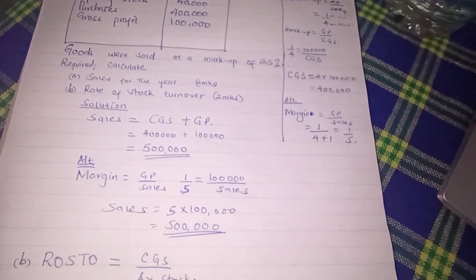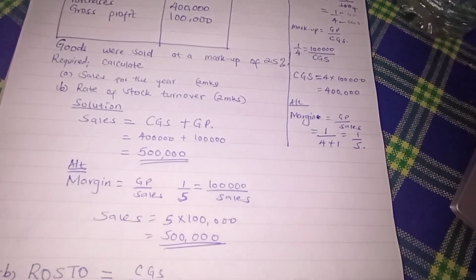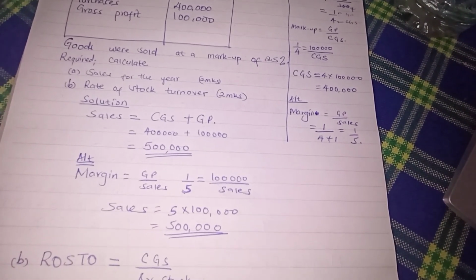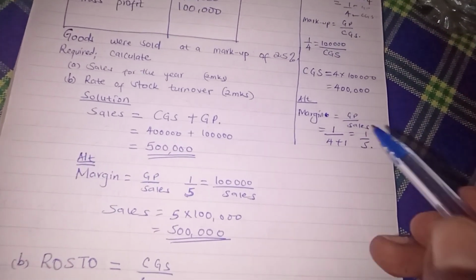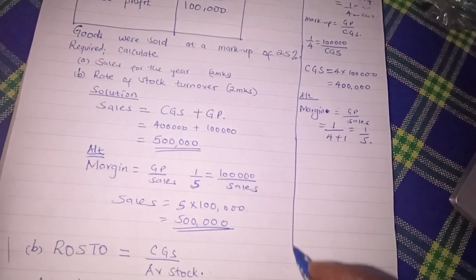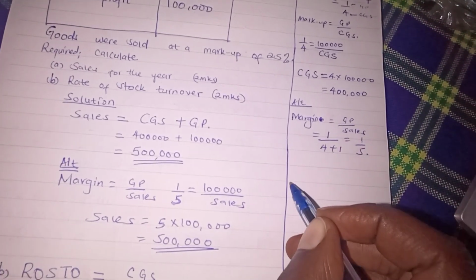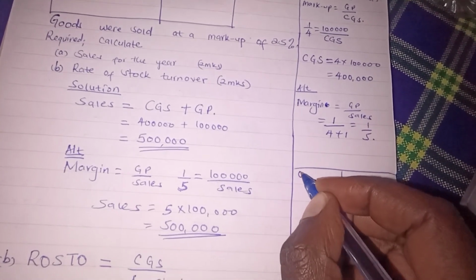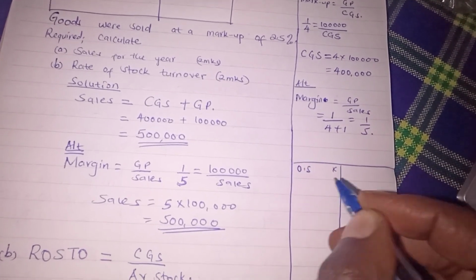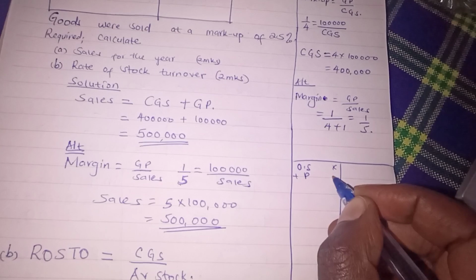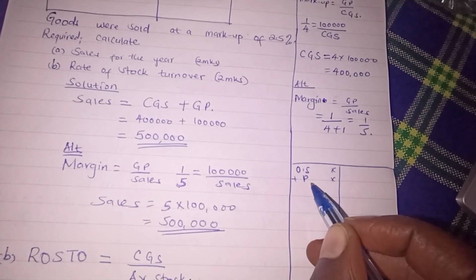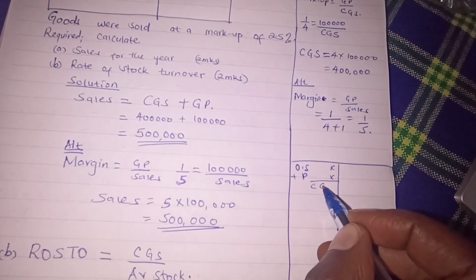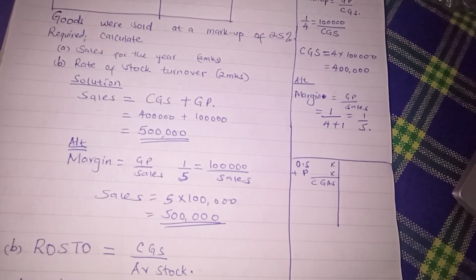Now, learners, if you recall very well, when preparing a trading account, we usually have the opening stock figure. We add the purchases figure to arrive at cost of goods available for sale.